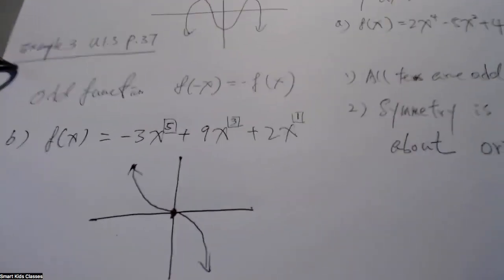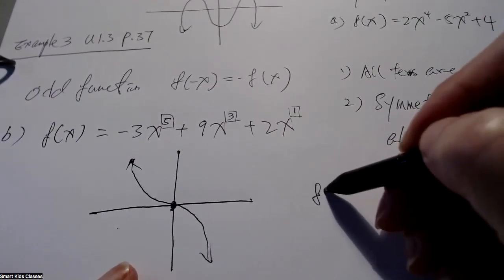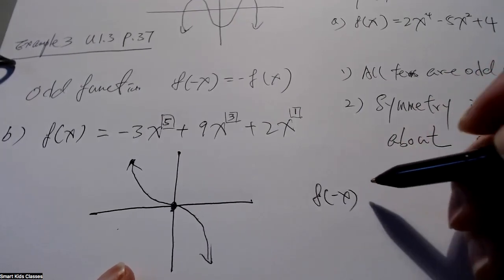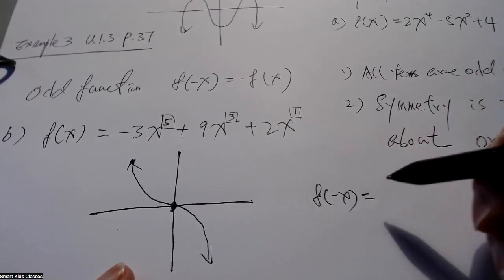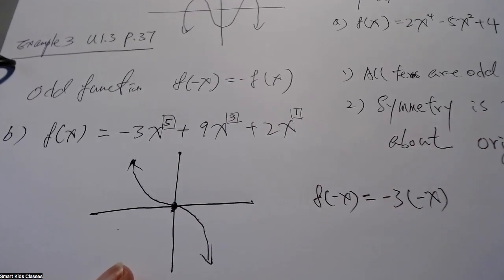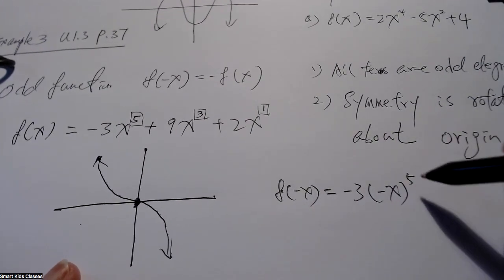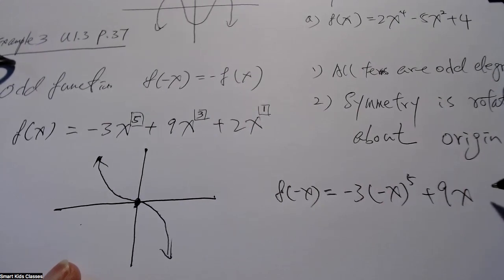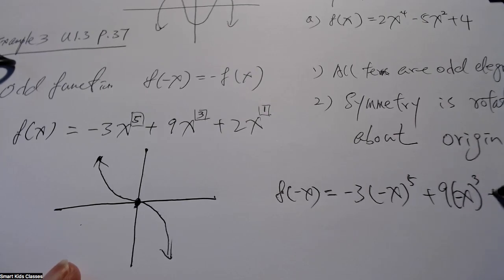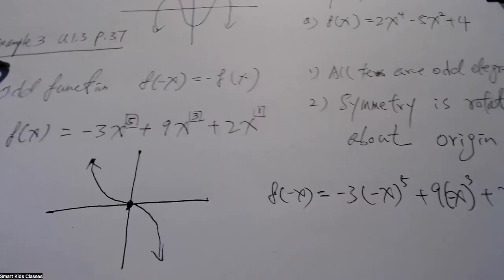Now, if you want to substitute into the formula, you can do that. So f(-x) is equal to -3 with the substitution of negative x to the exponent 5, and then 9 with negative x to the exponent 3, and then add 2 times negative x to the exponent 1.